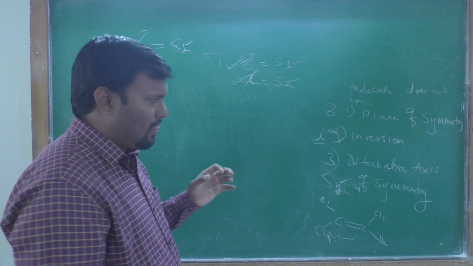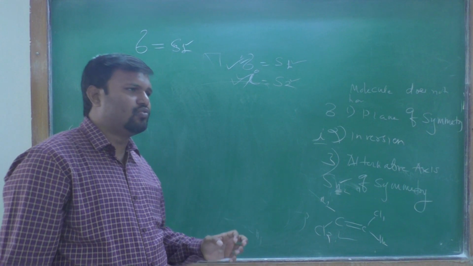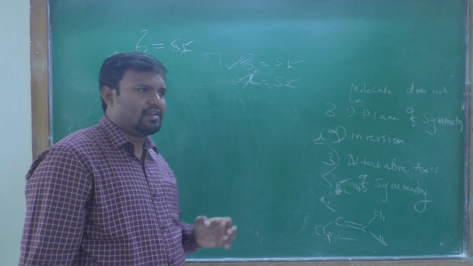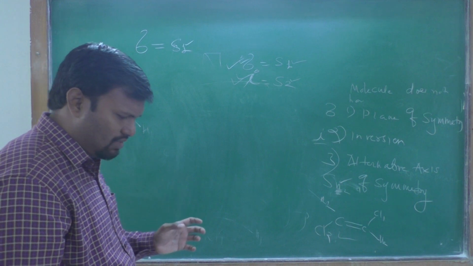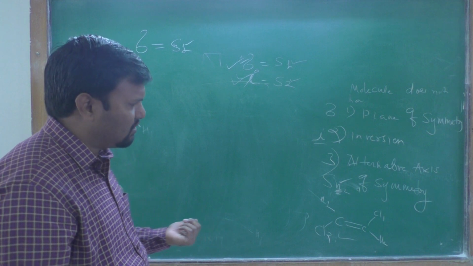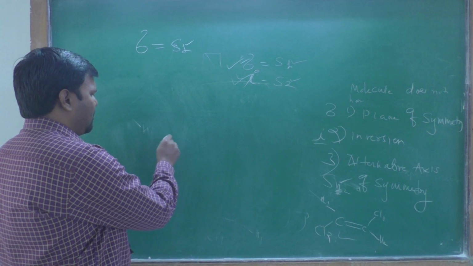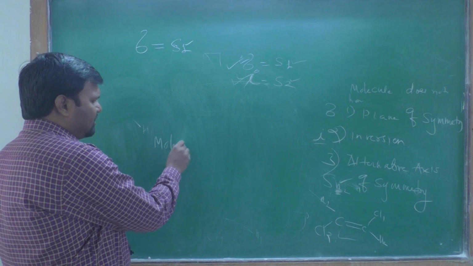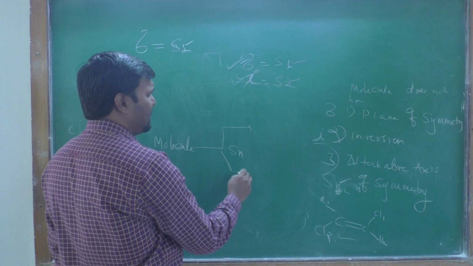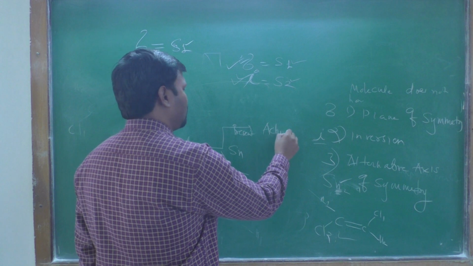If an SN axis is present in a molecule, then the molecule is an achiral molecule.